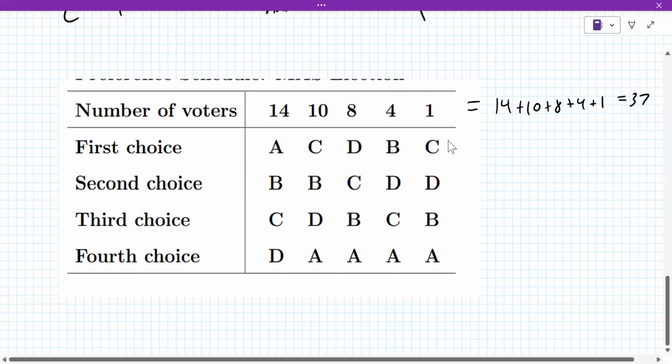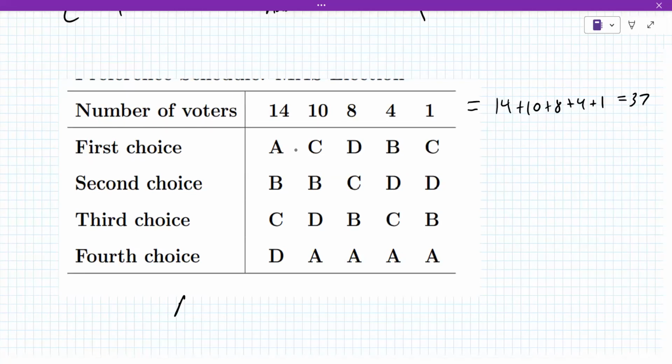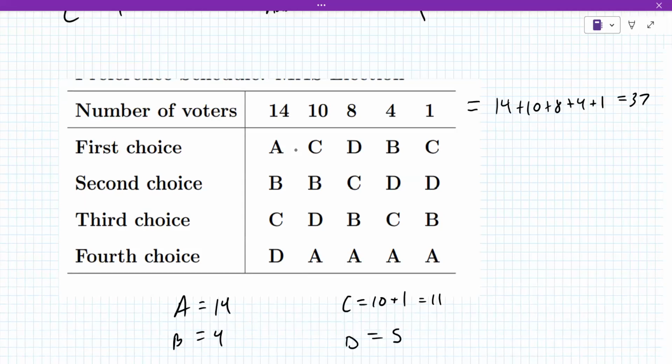What you'll notice here is that A has 14, B has 4, C has 10 plus 1, which is 11, and D has 8. So the lowest one is gone, and they split their votes among everyone else. It's a little hard to split 4 among 3, but it would be 1 1/3.